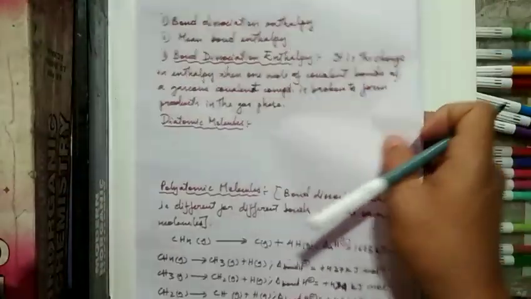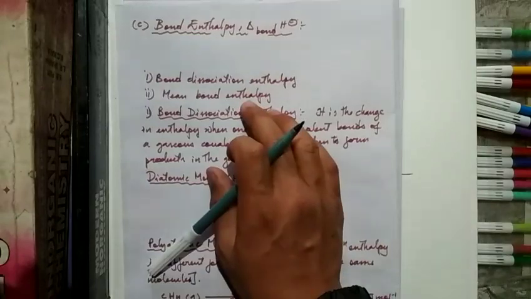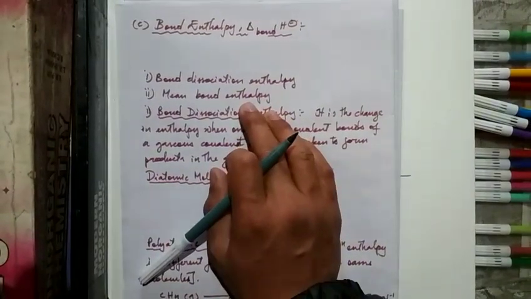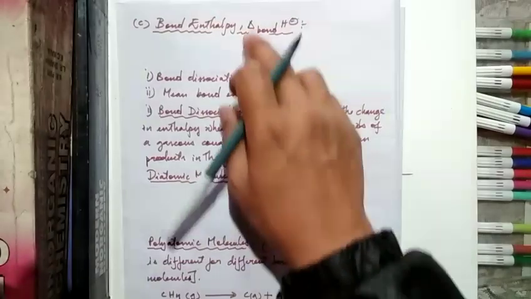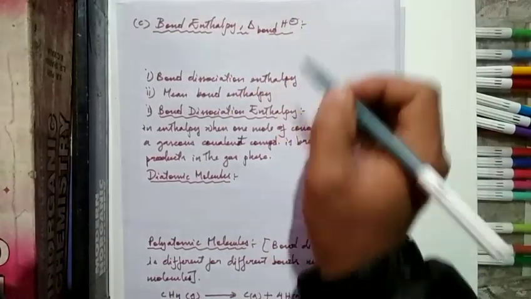Let's see the next one. Bond enthalpy, denoted by this ΔbondH°.